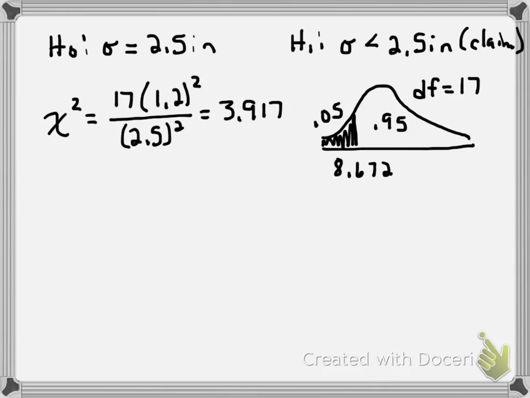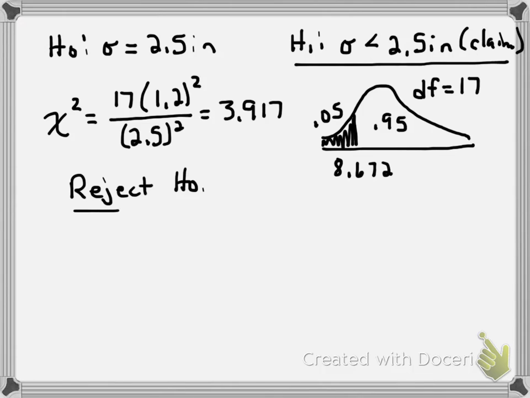The test statistic of 3.917 is to the left of the critical value. Since the test statistic is in the critical region, we reject the null hypothesis. So our claim was with the alternative hypothesis, and we're rejecting the null hypothesis.